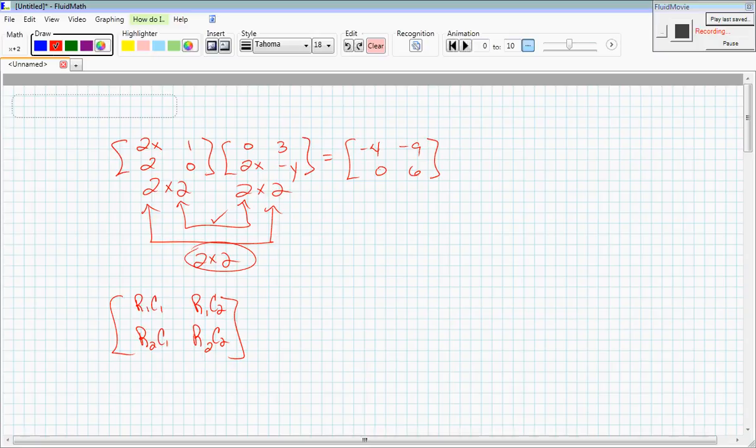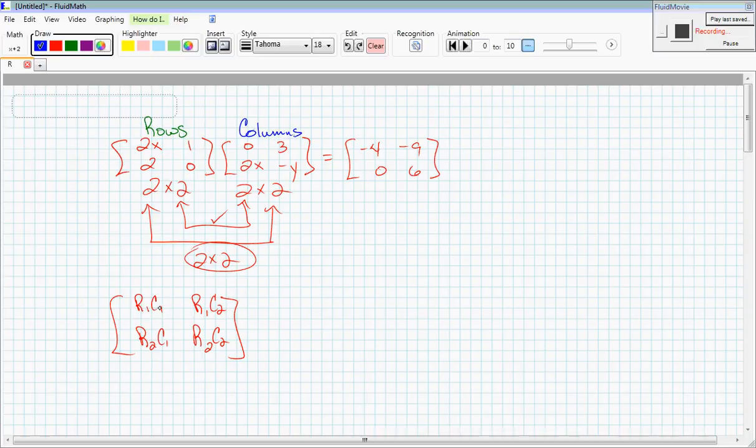Now in order to find these elements, remember, in multiplication, the rows always come from the first matrix, and the columns come from the second.